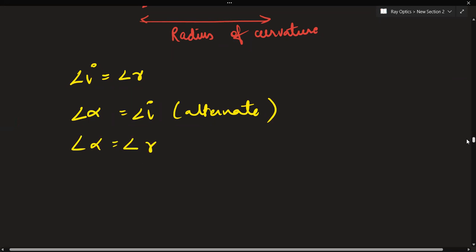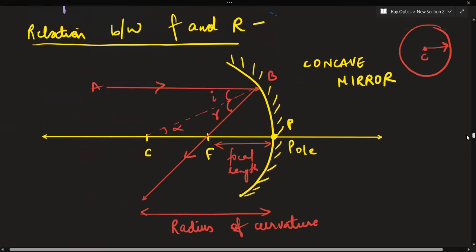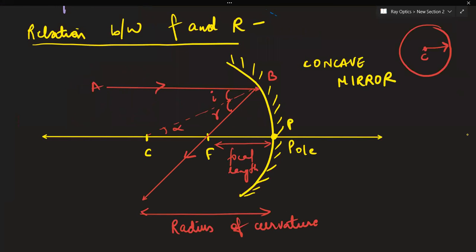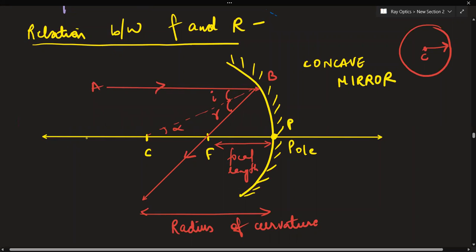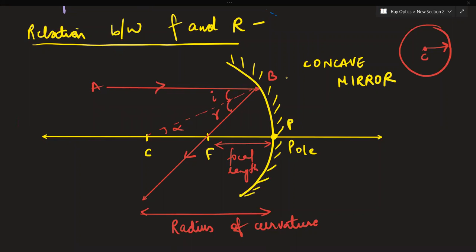Now see, in this triangle, if this angle and this angle, both these angles are equal, then what type of triangle is formed? Can anyone name this triangle? Two angles are equal in which triangle?